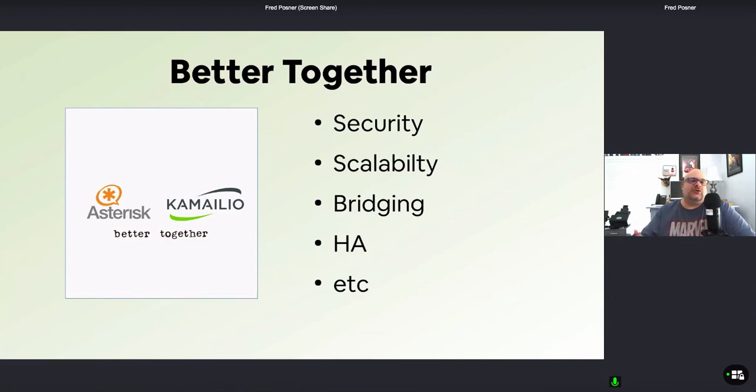No, all joking aside, by working together, we have better security, scalability, and some bridging capabilities, which I absolutely love using Kamailio and Asterisk for. High availability opportunities and things like that. By combining Kamailio and Asterisk, you get improved security, scalability, and some amazing bridging options.